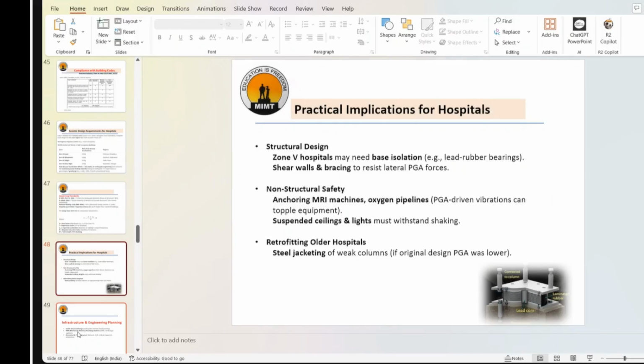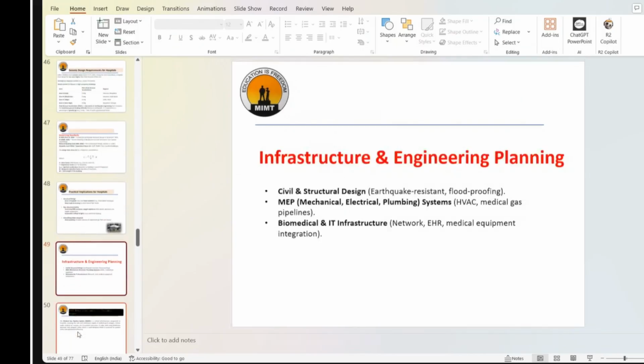Now we come to the third part, that is the infrastructure engineering and engineering planning. That is the third part of planning of the hospital. Under this chapter, we cover earthquake resistant, flood proofing, MEP, mechanical, electrical, plumbing system. यहाँ पे we will cover HVAC and the medical gas pipeline, multi-fold gas line system. HVAC is heat, ventilation and humidity, all these kinds of climatic control, air conditioning.